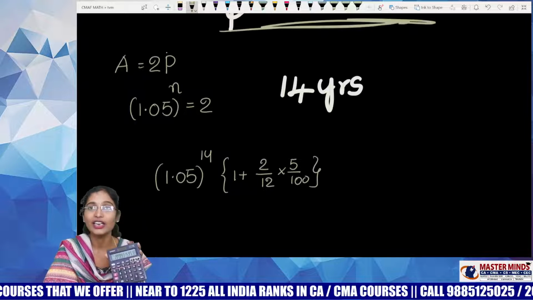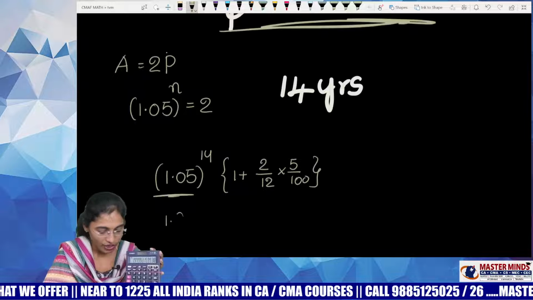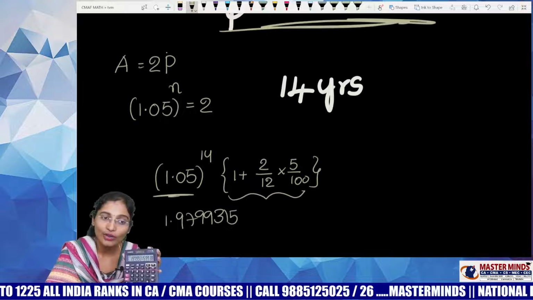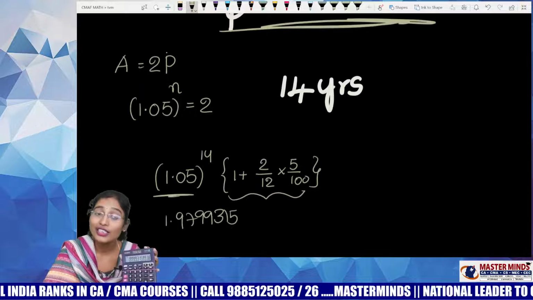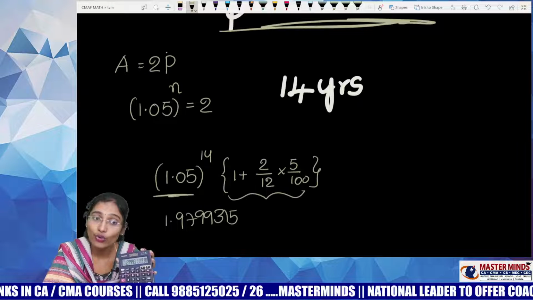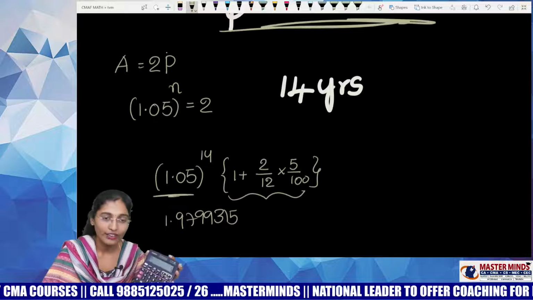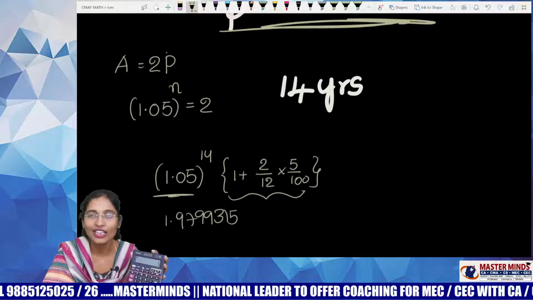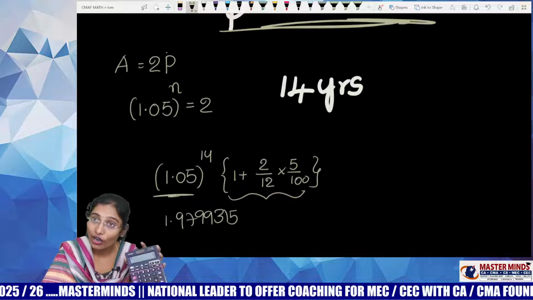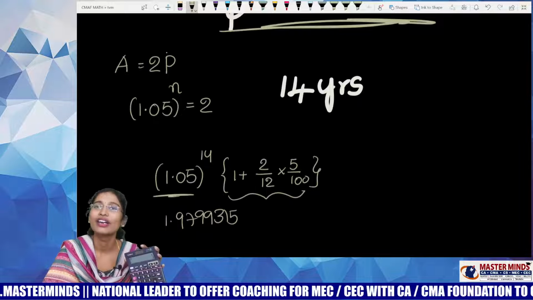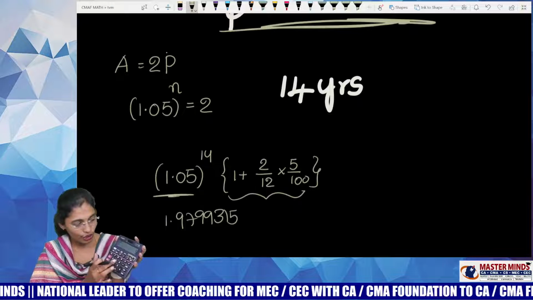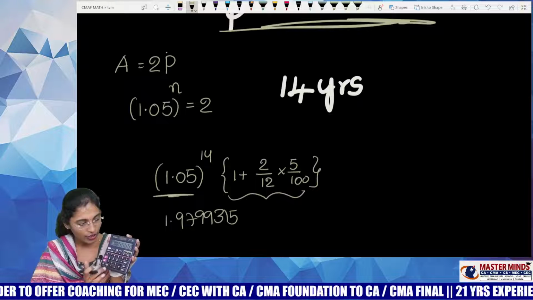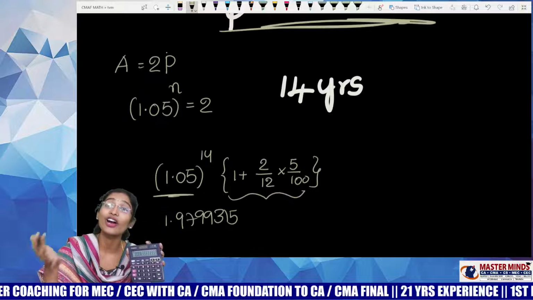So first, calculate this and keep it ready: 1.05 power 14, which is 1.9799315. Now please perform the value that is inside the bracket. Do the bracket first. As I already told you, perform the complex part. Do 2 into 5, guys, by 1200. Most of the people will do by 12 into 100. Don't do that. While performing anything in the denominator with 2 or more parts, divided by and then divided by means 2 into 5: 10 divided by 12 and then divided by 100. Most of the students will do by 12 into 100, but it's not into 100.